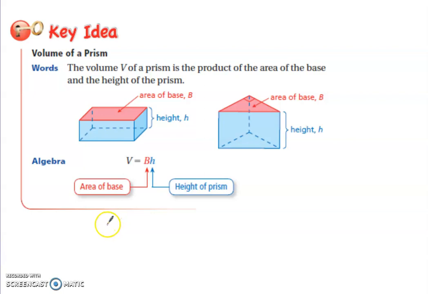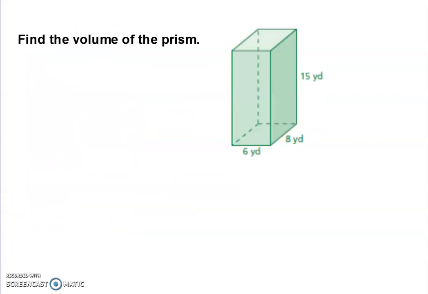So volume is the area of the base times the height. And that's huge. It's not just the base length or the base width, it's the area of the total base times height. Let's do the first example in our notes.